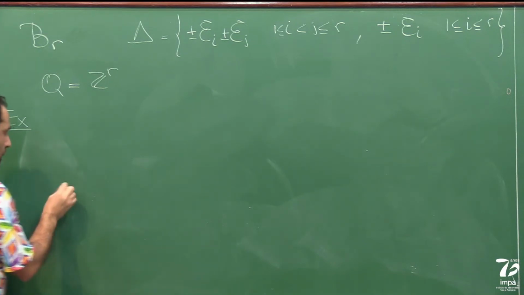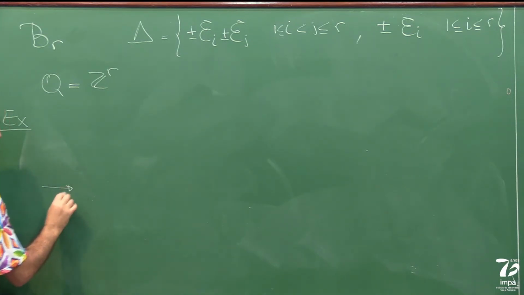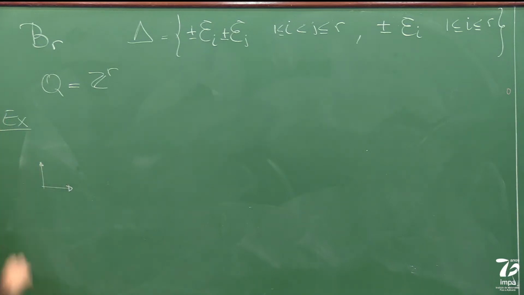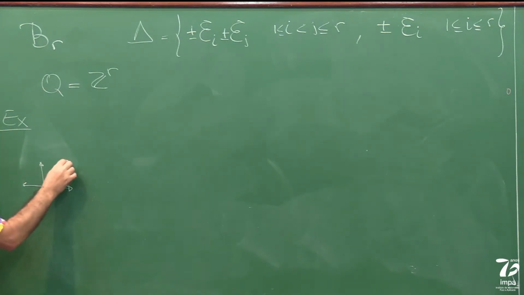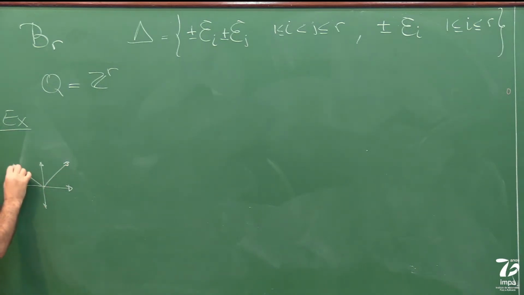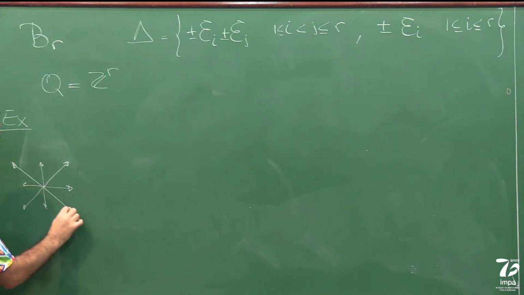But now we can draw it. We have epsilon 1, epsilon 2, minus epsilon 1, minus epsilon 2. And then we have epsilon 1 plus epsilon 2, which is this guy, epsilon 2 minus epsilon 1, and then the negative of those two. Okay?